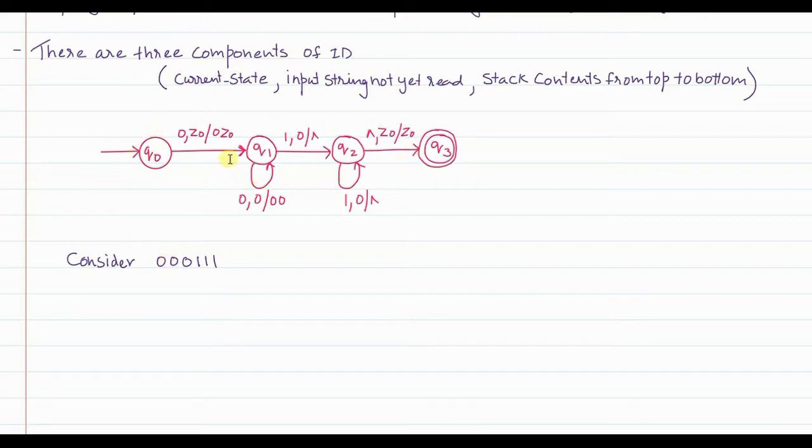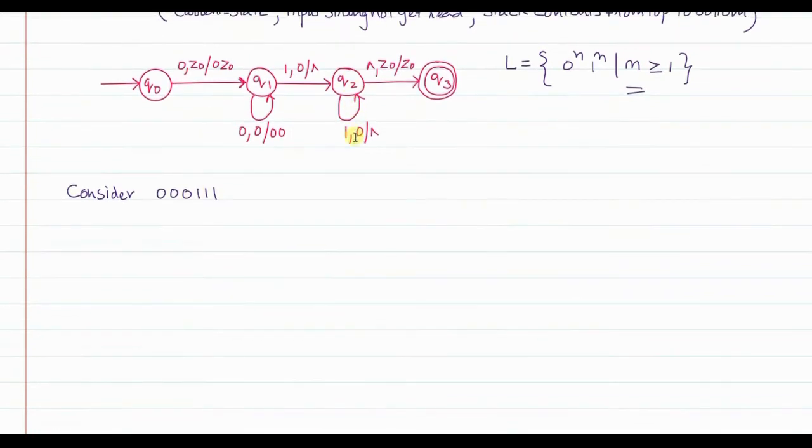This is the same PDA that we designed in the last lecture, a PDA for the language L equal to 0 raised to n, 1 raised to n, such that n is greater than or equal to 1. I will use it to trace this input, and for that we will have to design an instantaneous description.